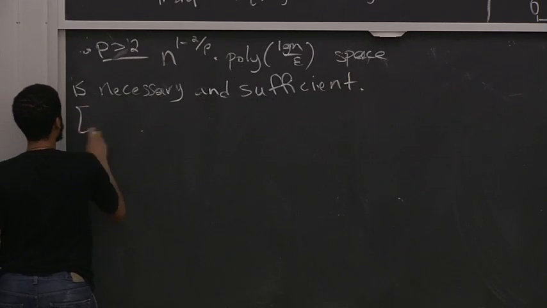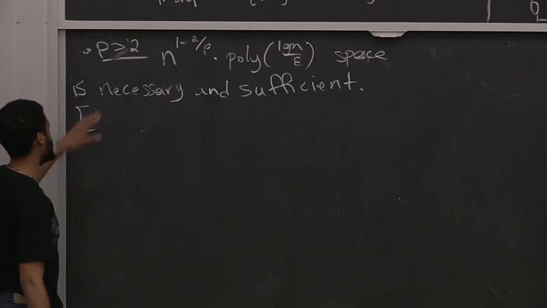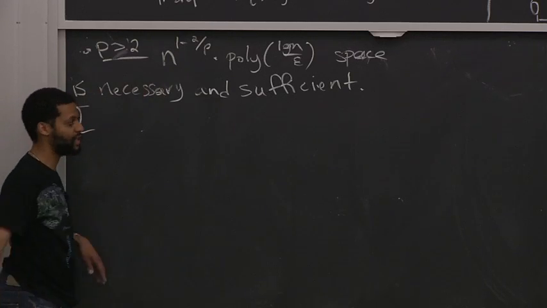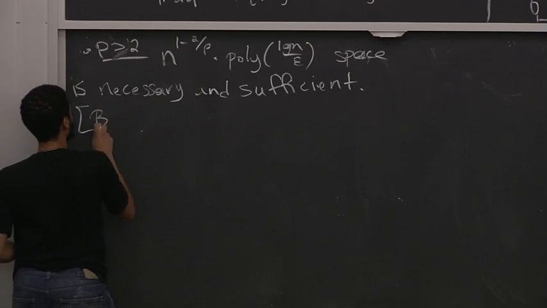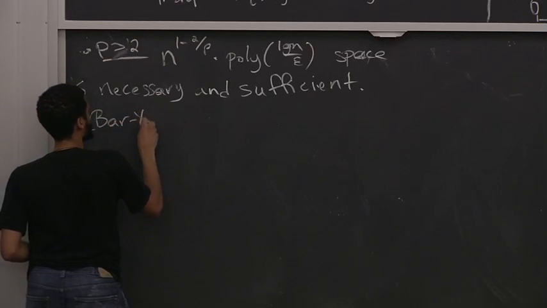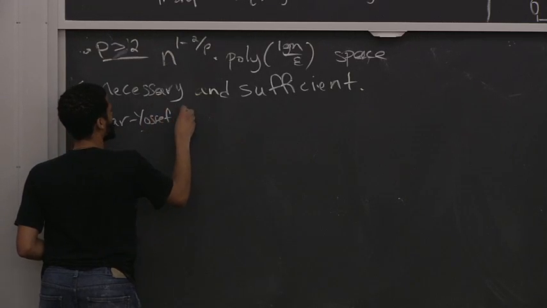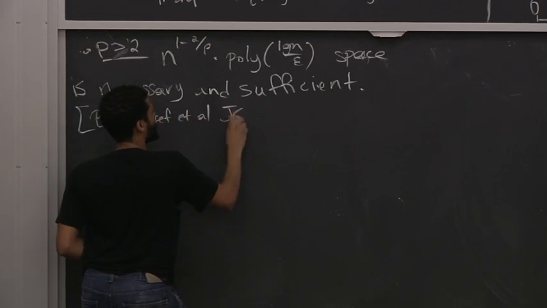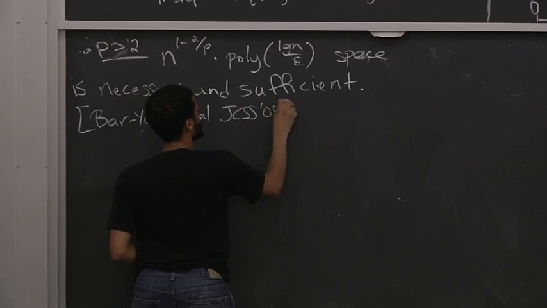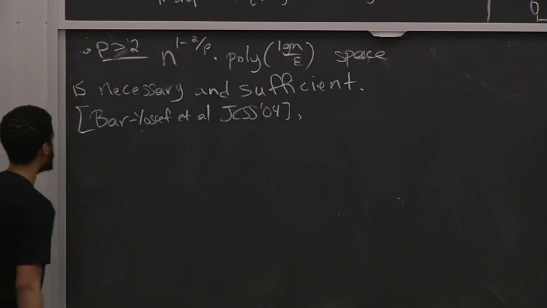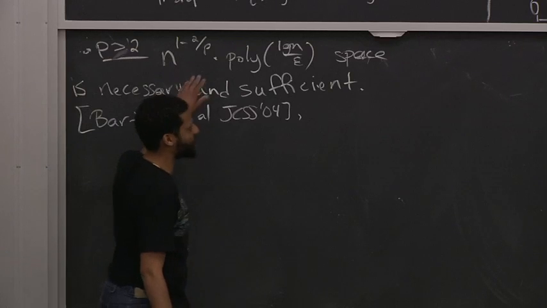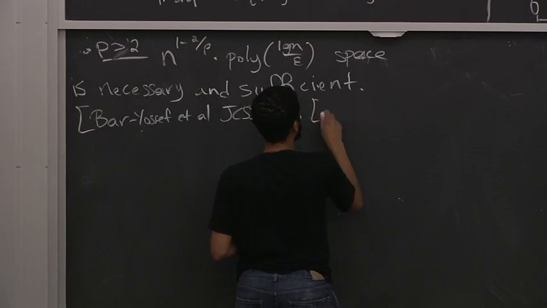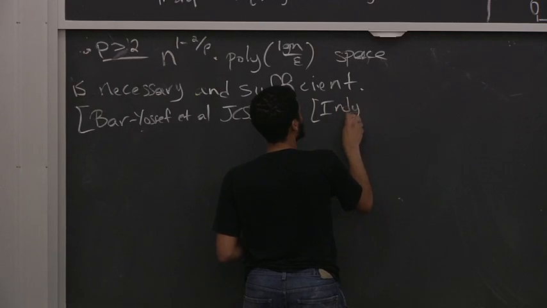The lower bound is an argument that you need basically n to the 1 minus 2 over p space. That's due to Bar-Yosef et al. I think that's the right reference. And then the fact that you can achieve this space was first shown by Indyk and Woodruff.